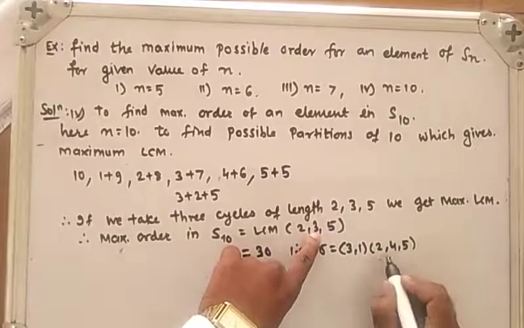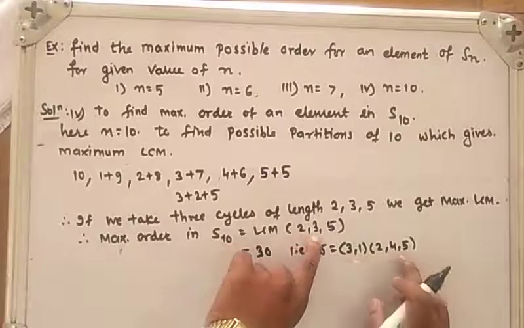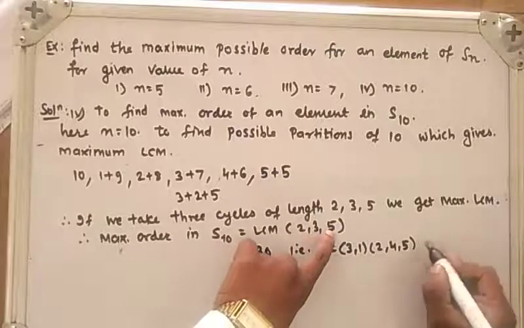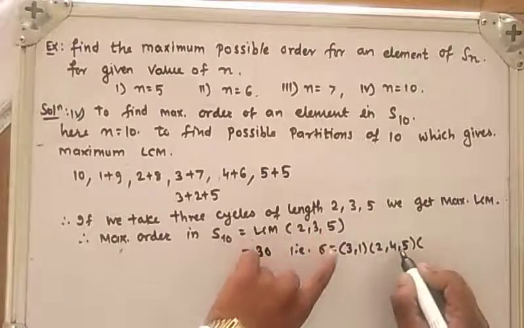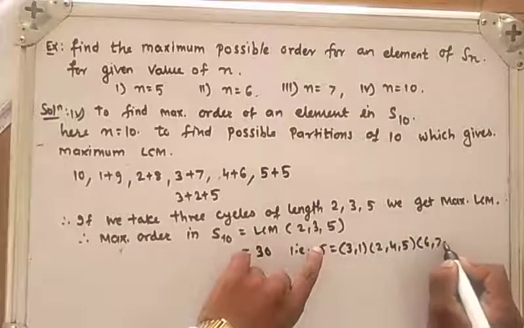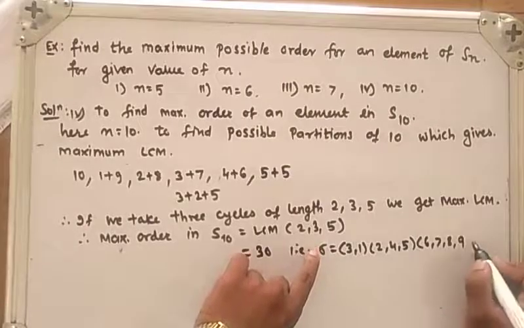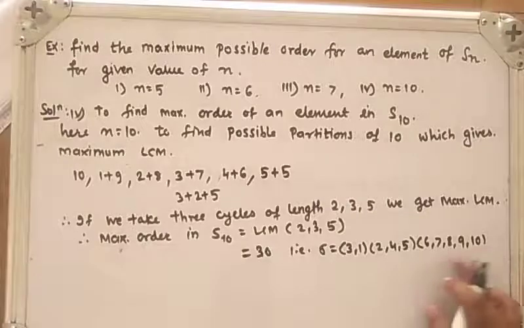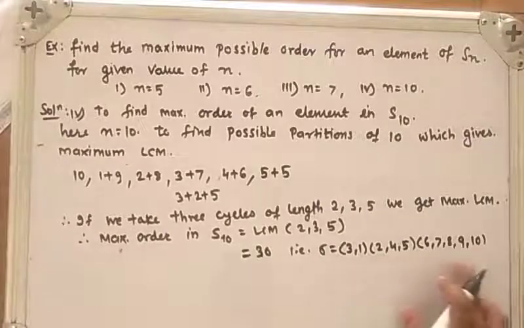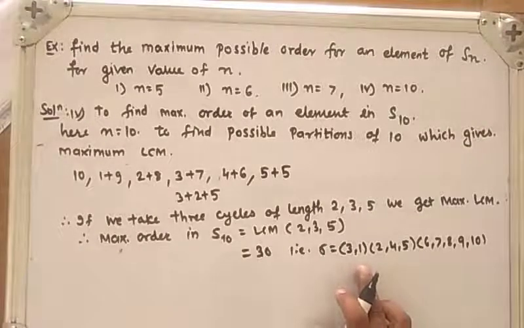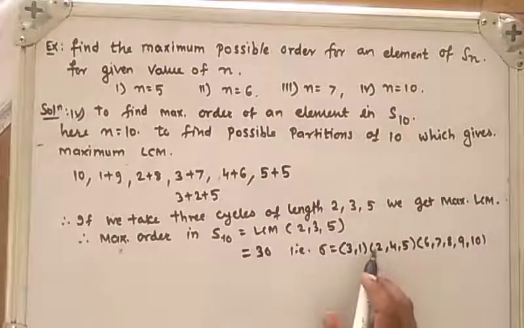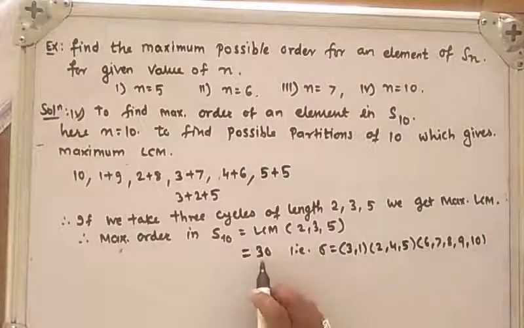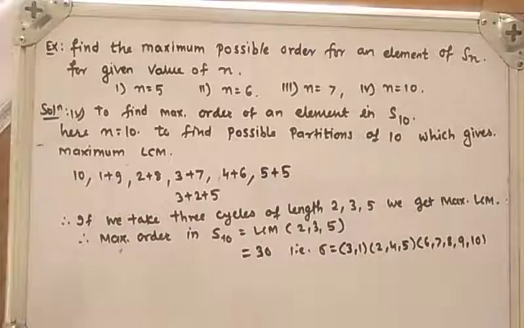So this is the first cycle having 2 elements, the second cycle having 3 elements, and the last cycle having 5 elements: 6 7 8 9 and 10. So 2 plus 3 plus 5 elements. So this is a permutation which belongs to S10 having maximum order, whose order is 30, right? So these are the maximum orders in a particular Sn group.